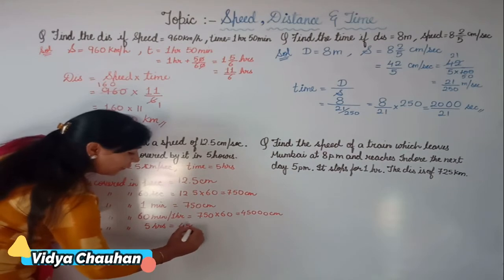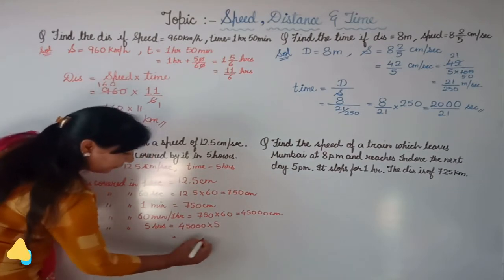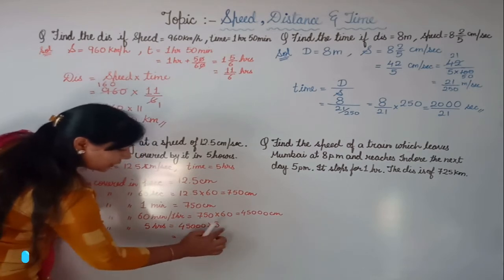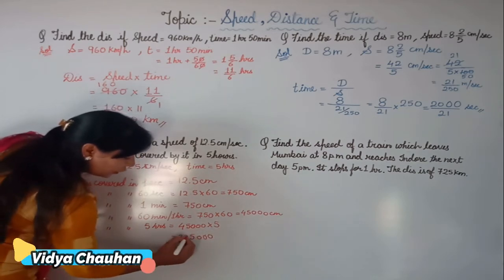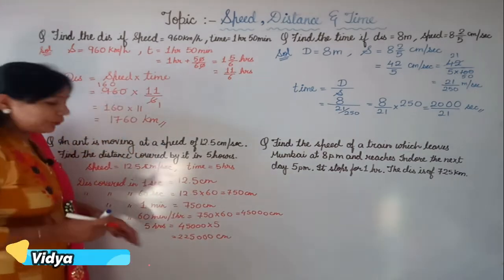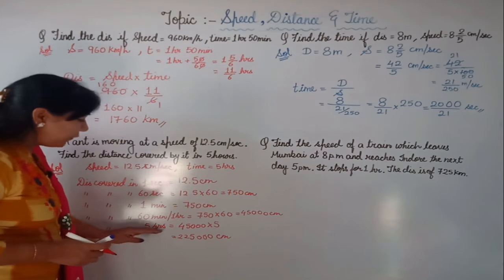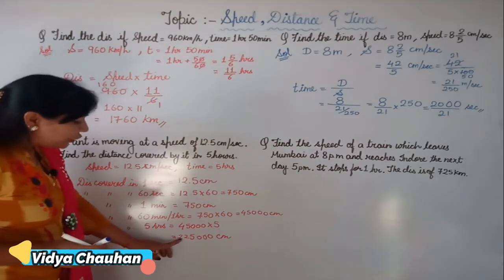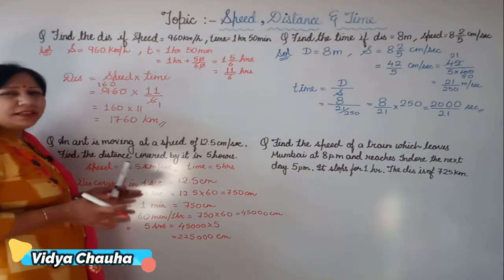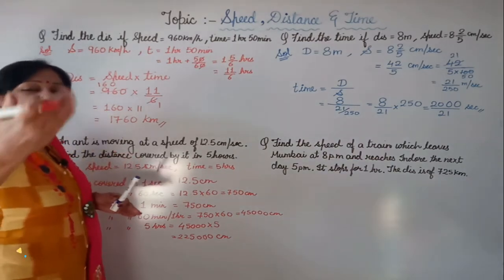That will be 45,000 multiplied by 5. 3 of the zeros. 5 5s are 25, 2 carry, 22. Now this is our final answer. The distance covered by the ant in 5 hours is 2,25,000 centimeter.